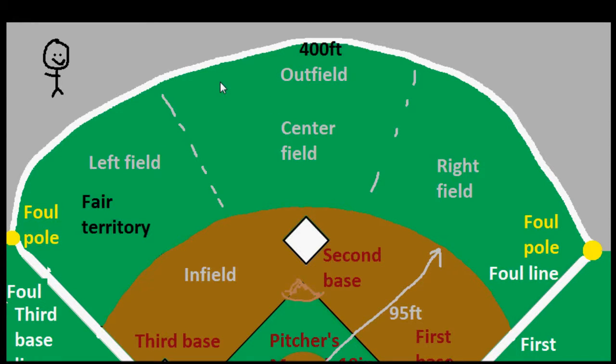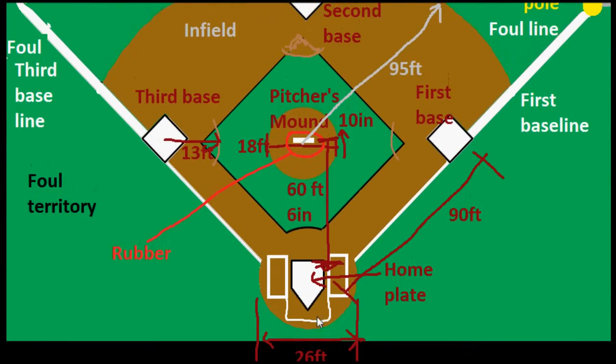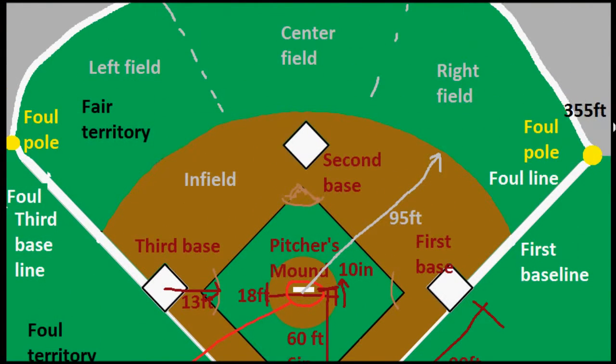And then down the lines, it has to be at least 325 feet, and it can be anything over that. So in Chicago, they have a fence that's 355 feet down the line. The line is the foul line or the baseline, so from home plate to the foul pole is 355 feet.